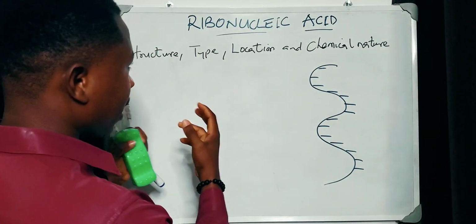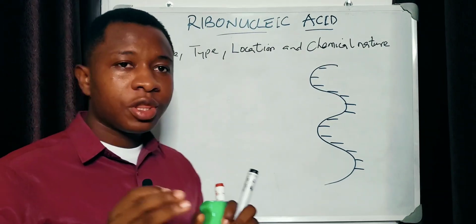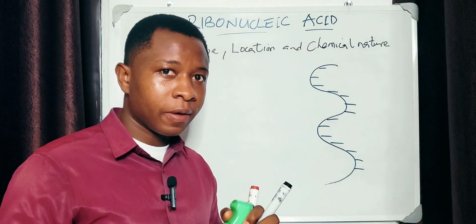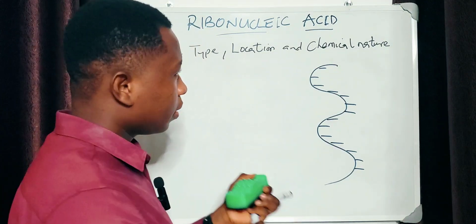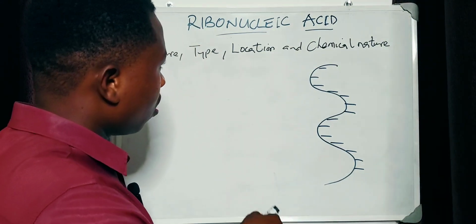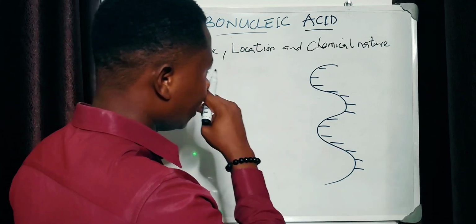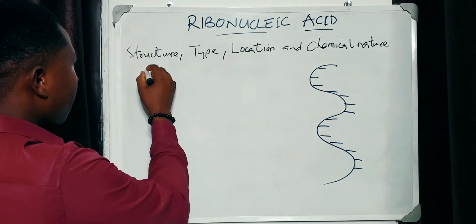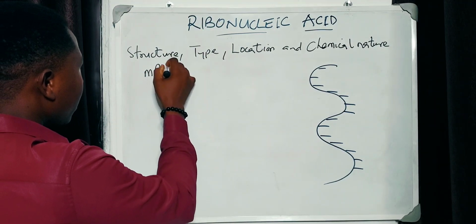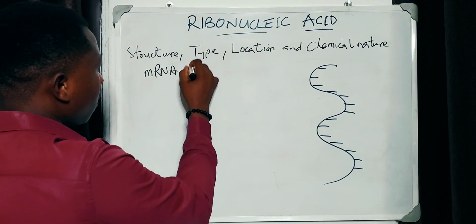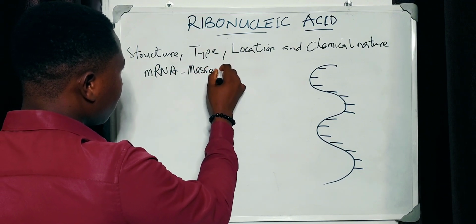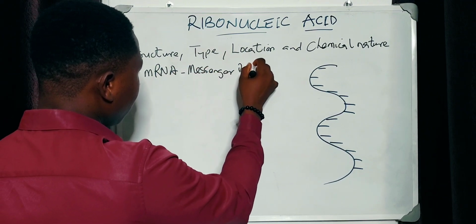Now let's go into the types. We have three basic types of RNA. The first is what we call the mRNA, and this stands for messenger RNA.